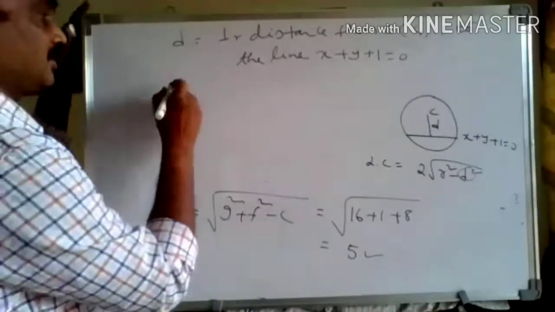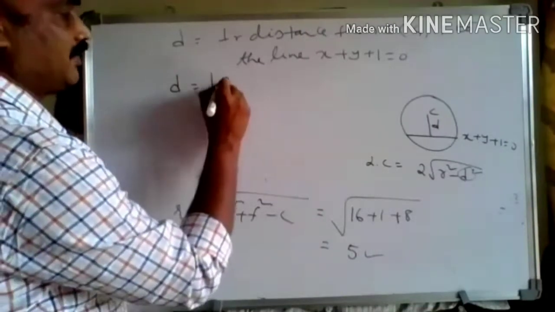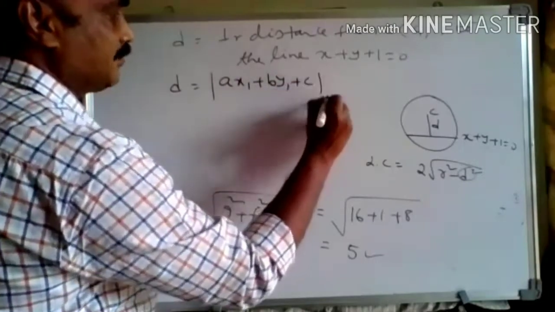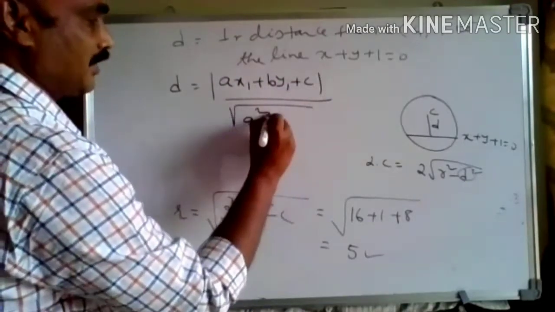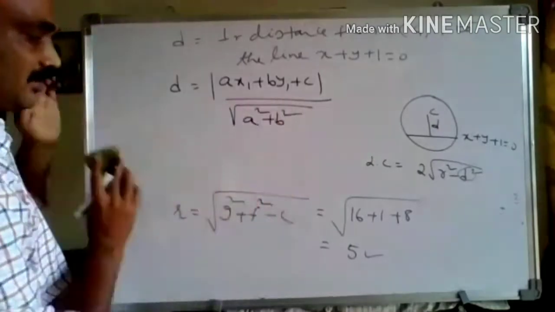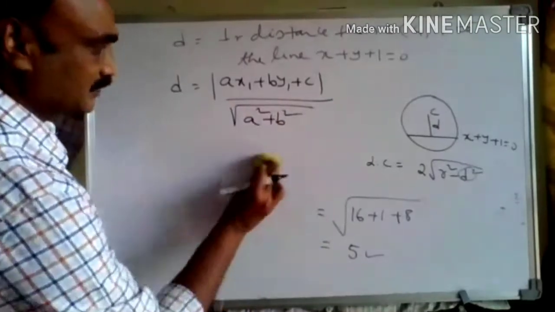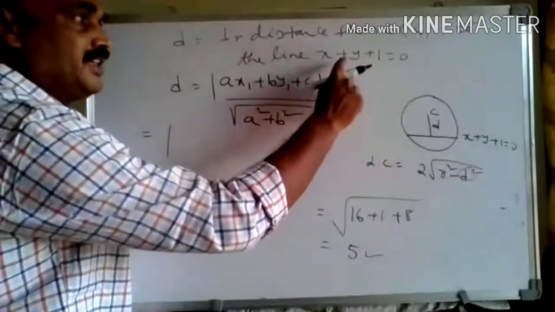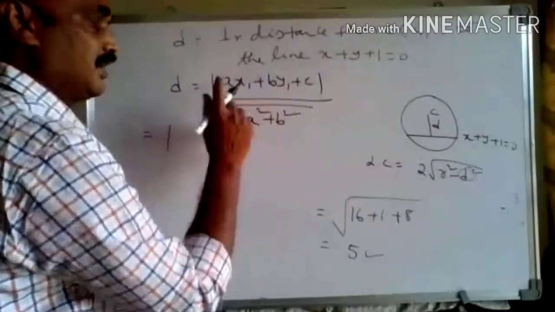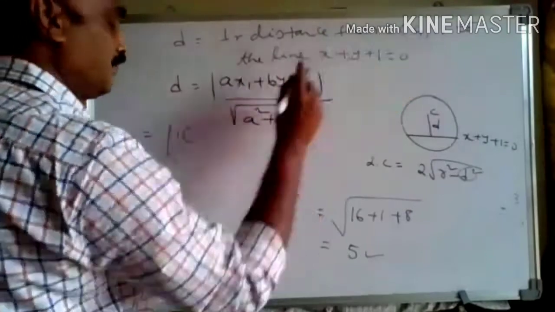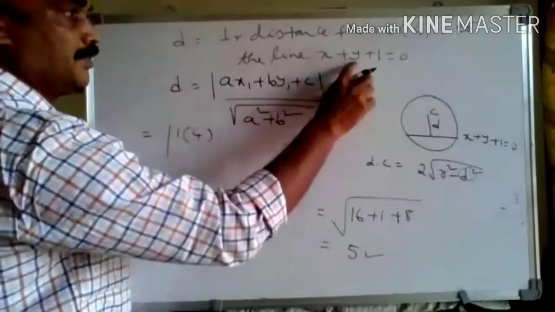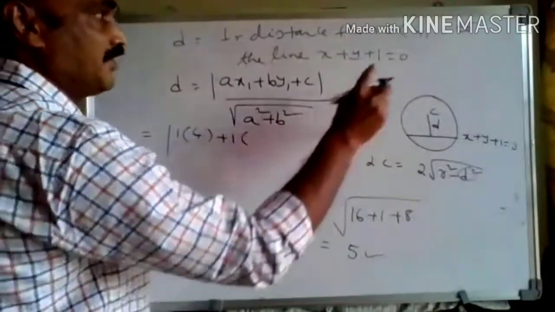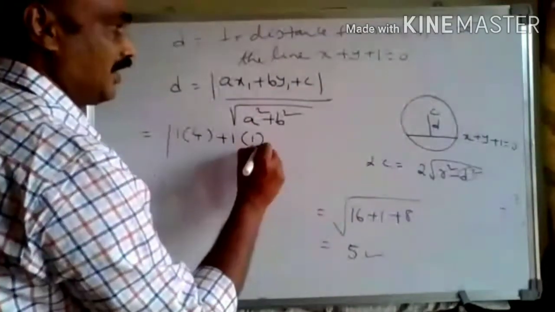The formula is ax1 plus by1 plus c by root of a square plus b square, this is for the line ax plus by plus c. A is equal 1, 1 into x1 4, B is equal 1, by1 1, plus c.